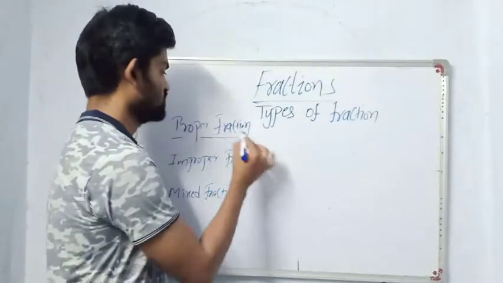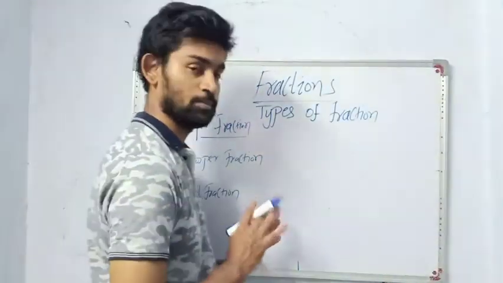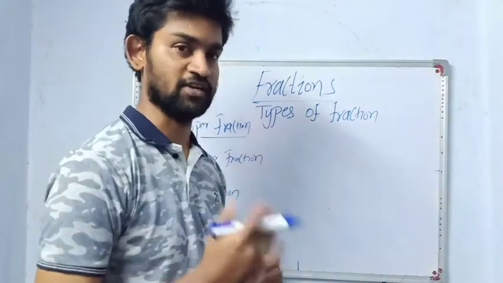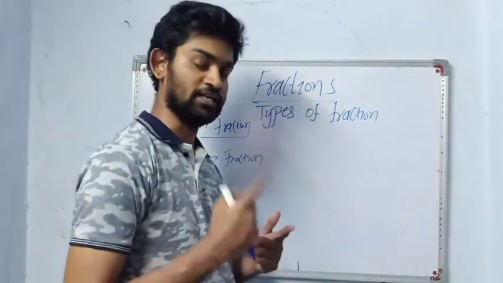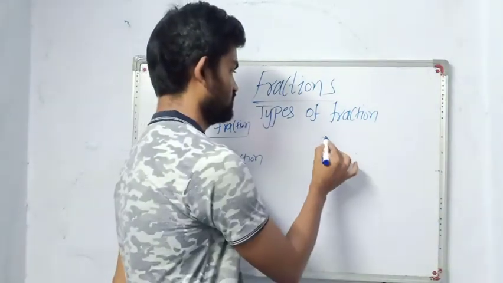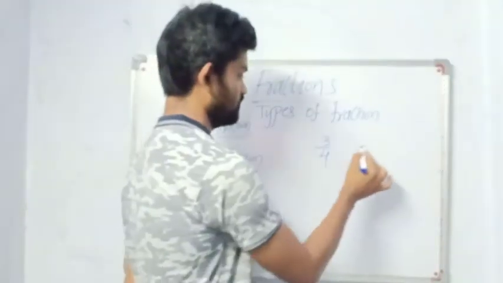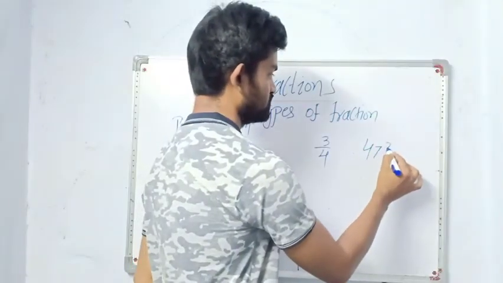Now the first one is proper fraction. What is a proper fraction? A proper fraction is a fraction where the denominator is bigger than the numerator. If you take 3 by 4, here 4 is greater than 3.